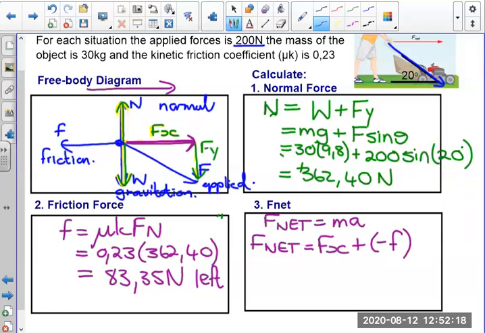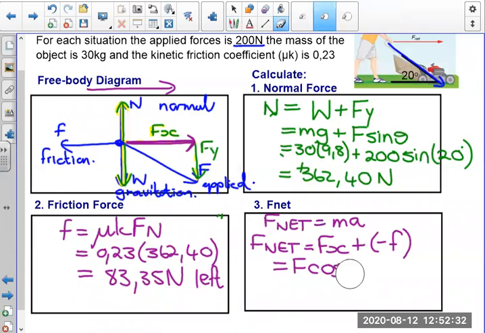And now we're going to substitute in. What can we substitute? The x component of the applied force is going to be F cos theta. And that's what we did yesterday. Okay, let me just write neatly here. So it's F cos theta, minus friction.